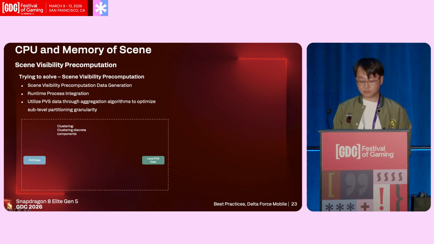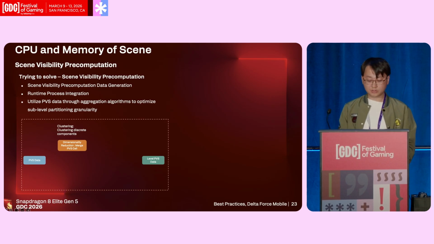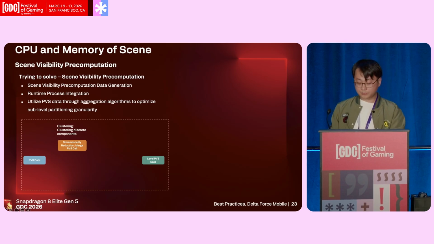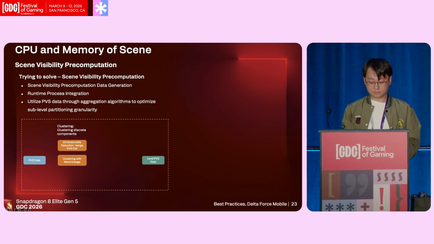The first step is to process the PVS data. First, we perform reductions. We merge the component invisible PVS cell ID list into a PVS block ID list. We greatly reduce the data size. And second, we apply a clustering rule to group the components together while minimizing the weighting differences in each class.